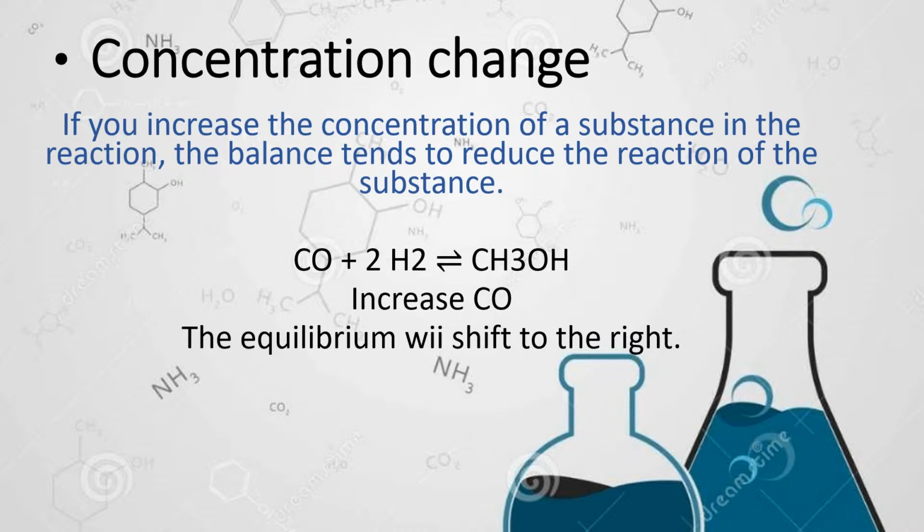Using Le Chatelier's principle, it can be predicted that the system will proceed in a direction that consumes carbon monoxide to offset this change, and the amount of methanol will increase to reduce the amount of carbon monoxide.